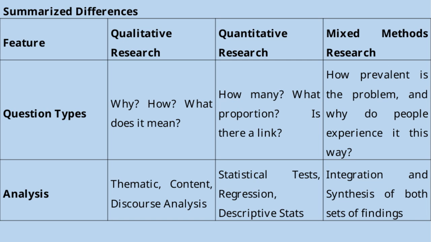This table really highlights how each approach serves different research questions and goals, but also how they can complement each other when combined. It's important to remember that choosing the right method depends on what you want to find out. Keep these differences in mind as we move toward designing our own studies.